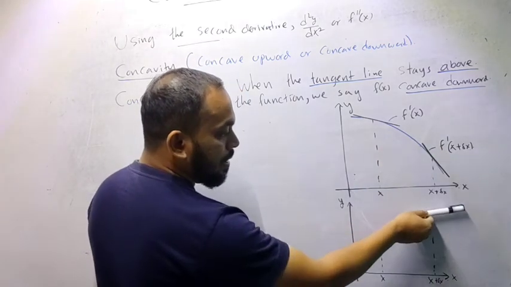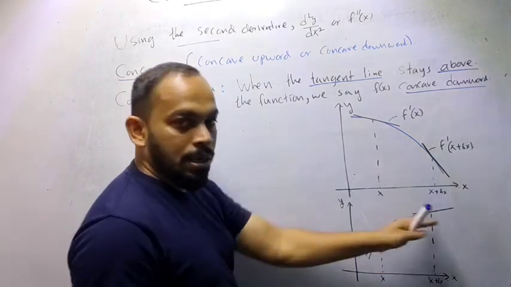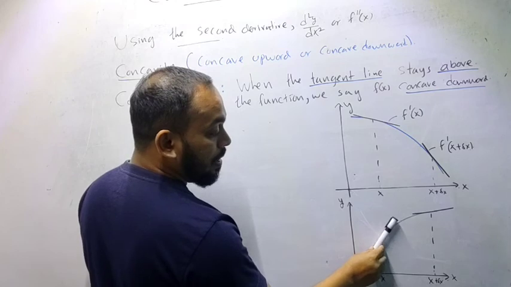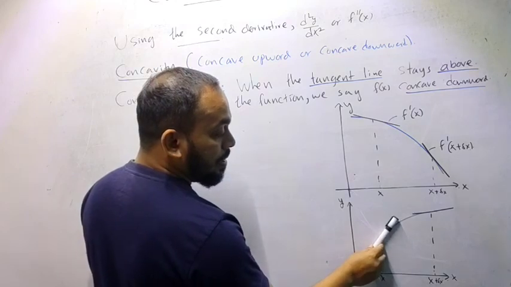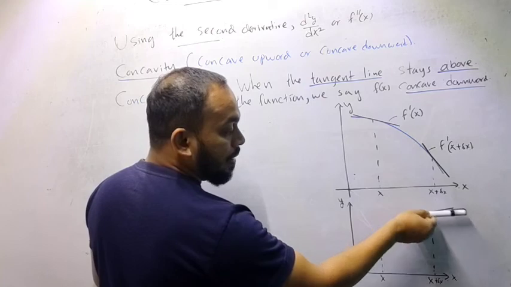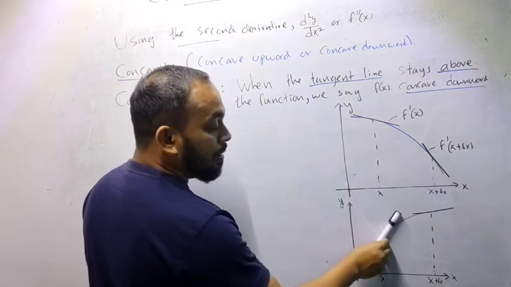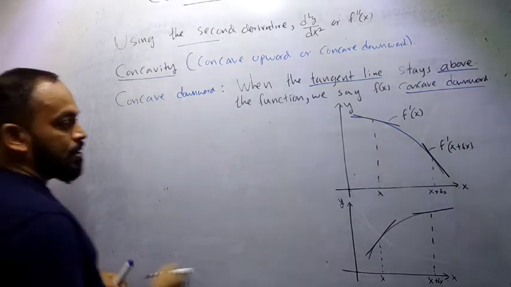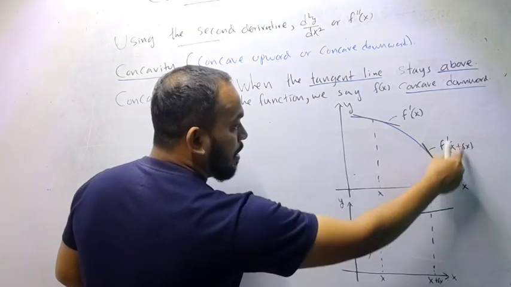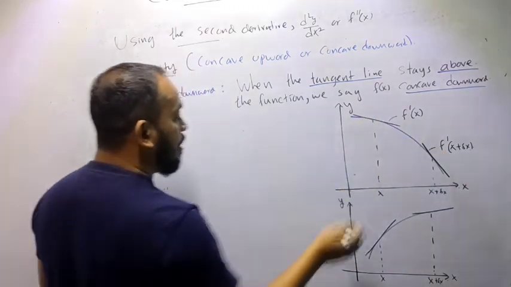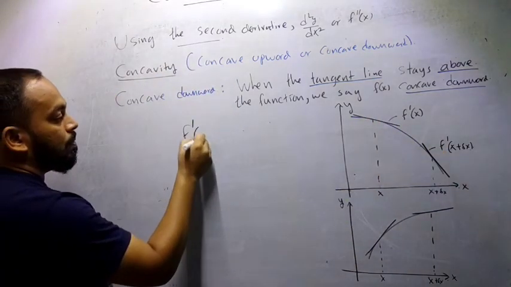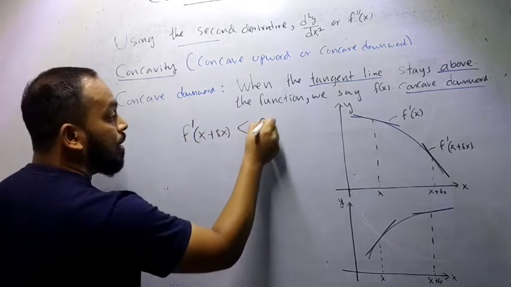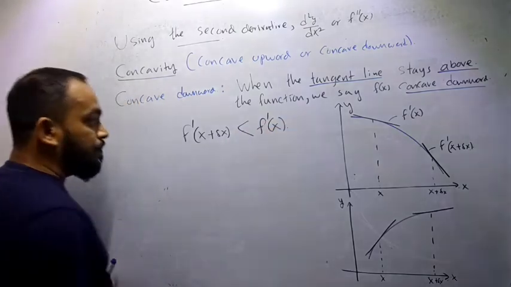In this case, the tangents are both positive because it's an increasing function, but the tangent decreases. So the tangent at this point is less than the tangent at this point. So f prime of x plus delta x is less than f prime of x, right?